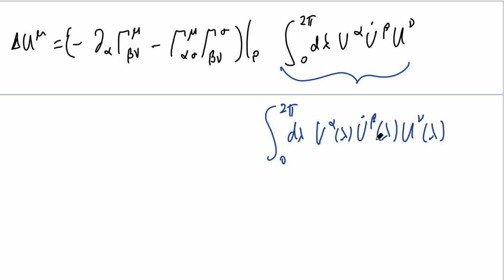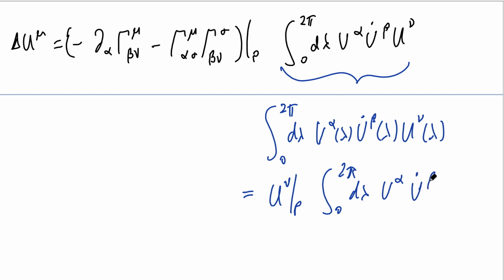In fact, we can see that already in this expression that shows that the total change in u from the beginning of the loop to the end of the loop is proportional to 2 factors of this small quantity v. So to leading order, we can just evaluate this vector u at the base point p, and we can write this as u nu at point p times the integral from 0 to 2 pi of v alpha v dot beta.